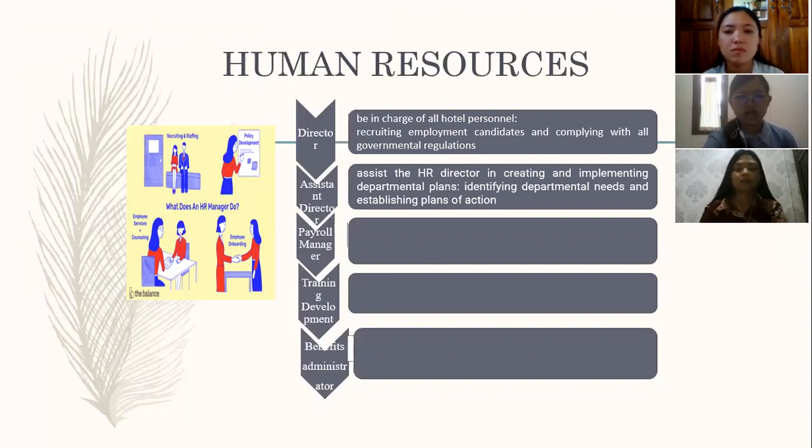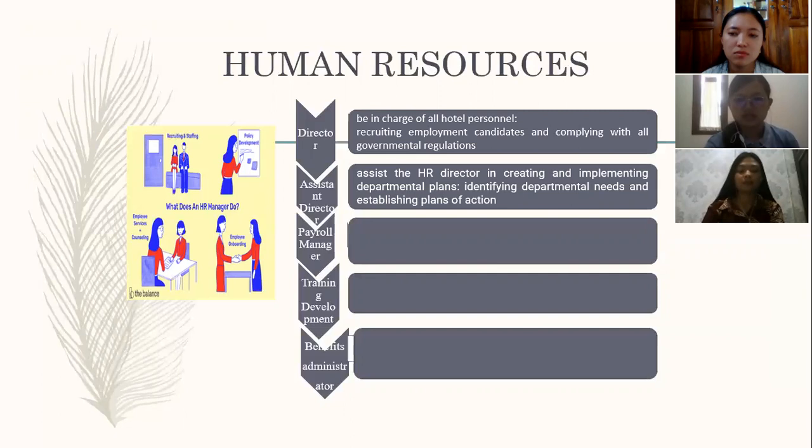The assistant director has a responsibility to assist the human resources director in creating and also implementing the departmental plans, like identifying the department needs and also establishing plans that need to take action.